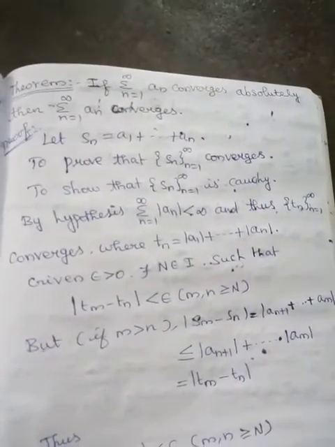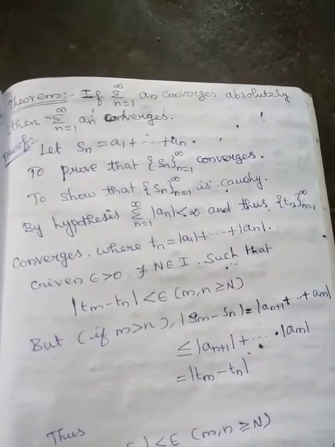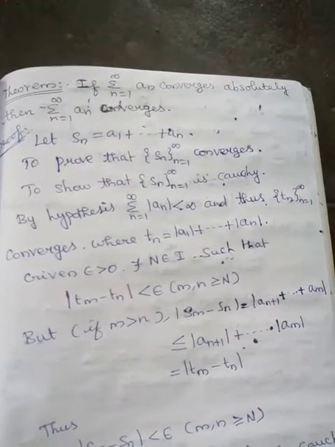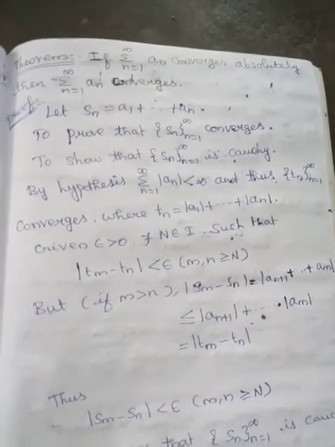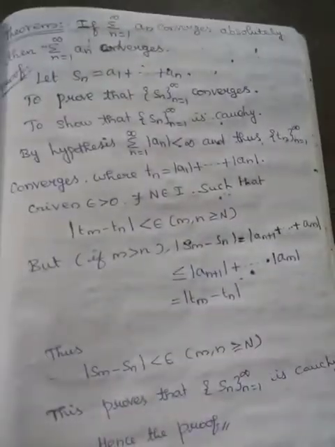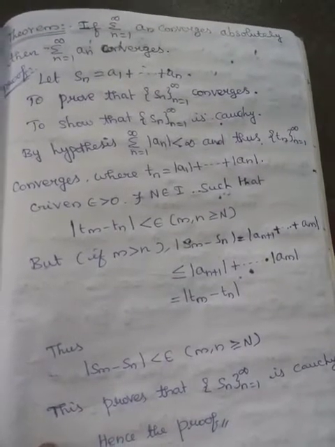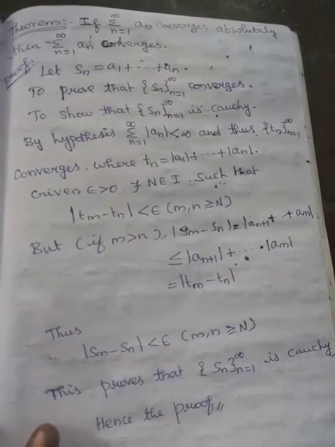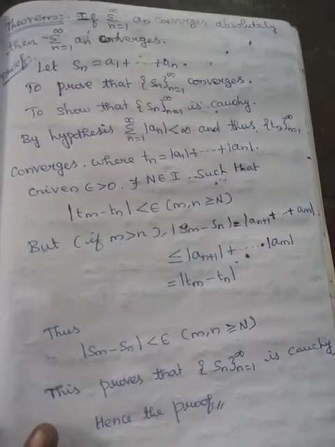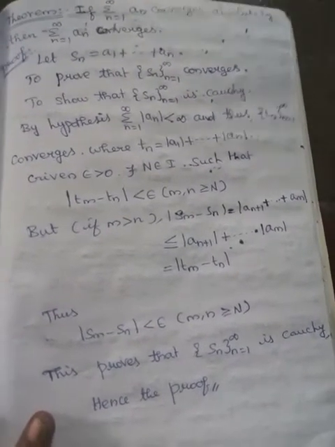Next theorem, we have proof. Statement: if the summation of an converges absolutely, then the summation of an converges. Proof. Let Sn equal a1 plus a2 plus etc. plus an. To prove that {Sn} converges, we show that {Sn} is Cauchy.